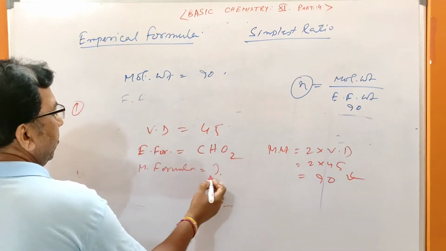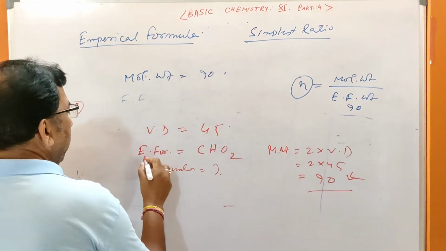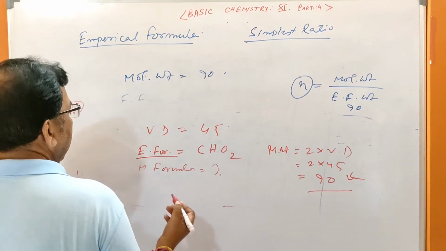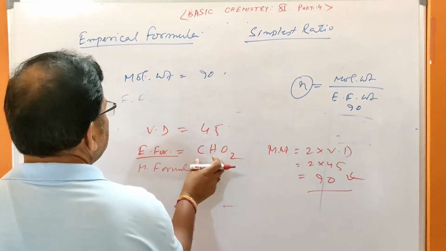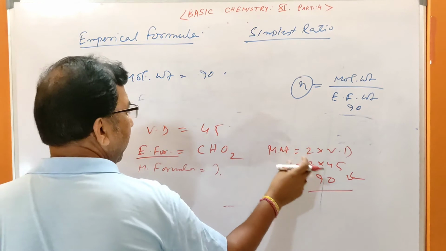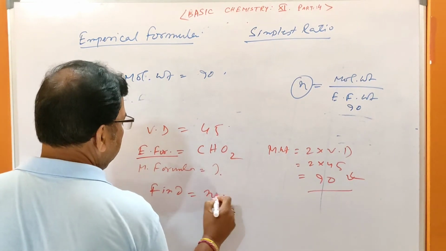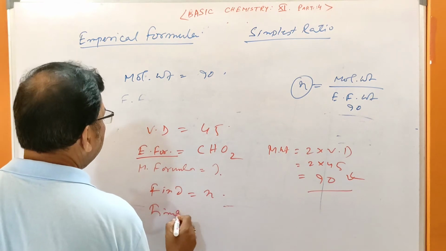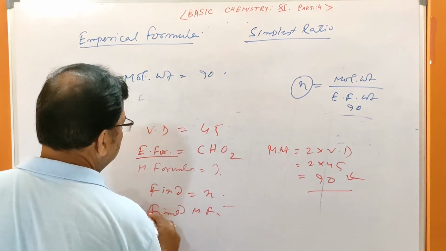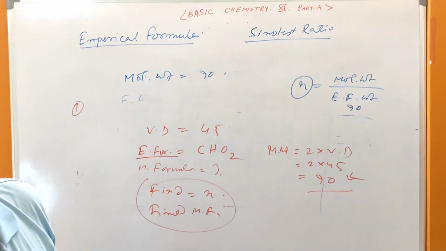Empirical formula is given, vapor density is given. Find the empirical formula weight. Same thing, molecular weight by this. Find n. Then find the molecular formula. Clear? Same process, you do the same process.